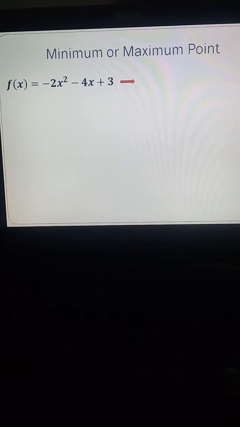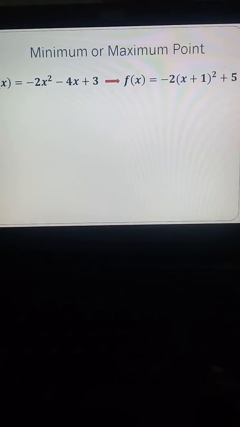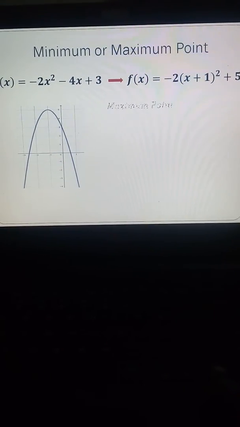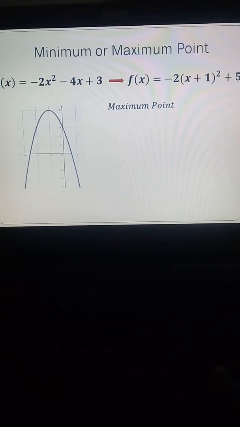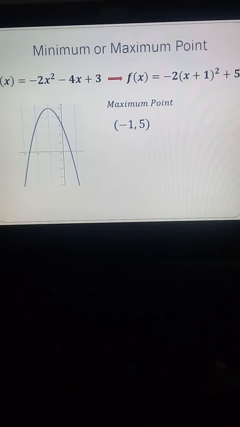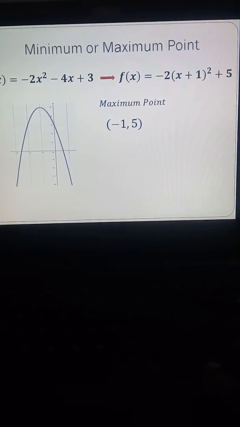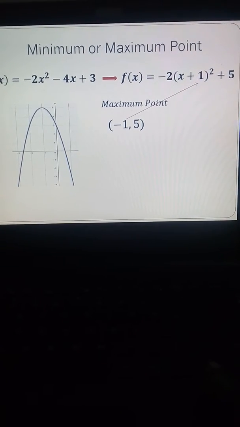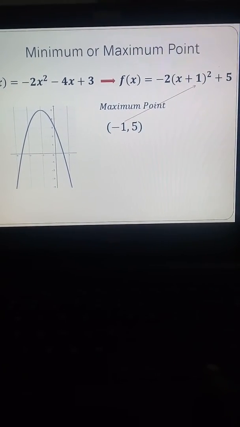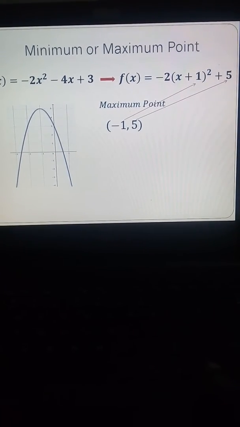Now we are going to put everything together. The function written with a perfect square in it is there. The graph is there, and from the graph we know that we have a maximum point, which is negative 1, 5. Looking at the form with the perfect square, we notice that 1 is there in the point, and that 1 is actually h, and k is our y value.